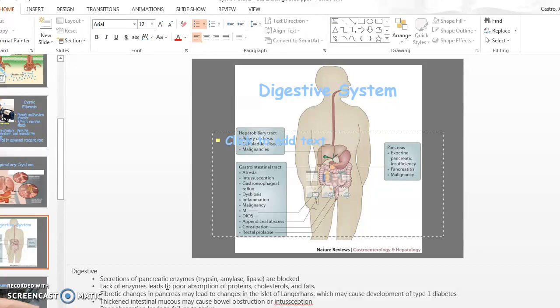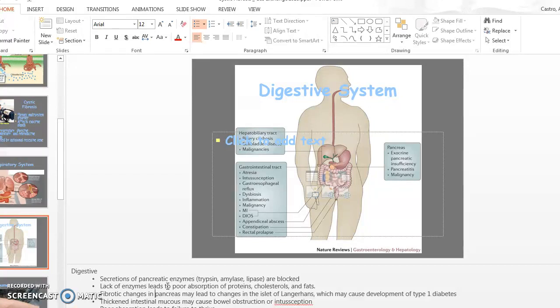And if we don't have enzymes, just like with pancreatitis, with it being blocked off, you end up with GI issues. Same thing happens with children with cystic fibrosis, or anyone with cystic fibrosis. You don't have secretion of the enzymes to help break down proteins, cholesterols, and fats, which are what's broken down by these digestive enzymes.